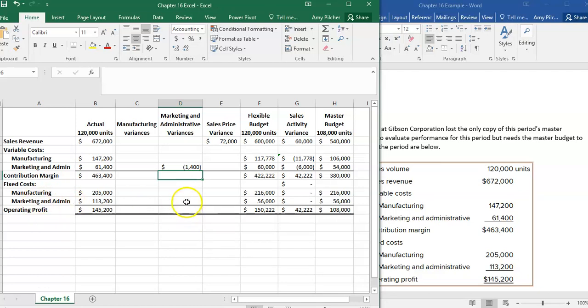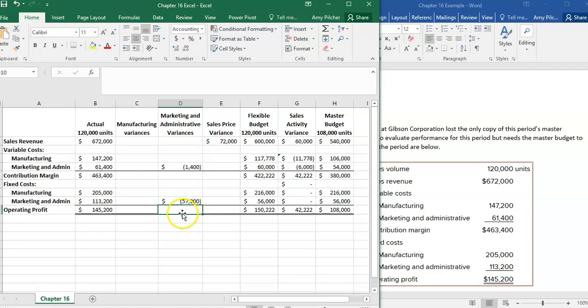And for our fixed marketing and administrative, the difference between our flexible budget and our actual, we have a $57,200 unfavorable amount.